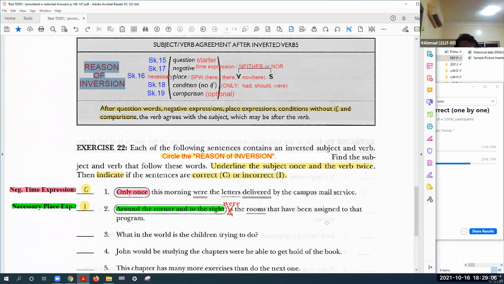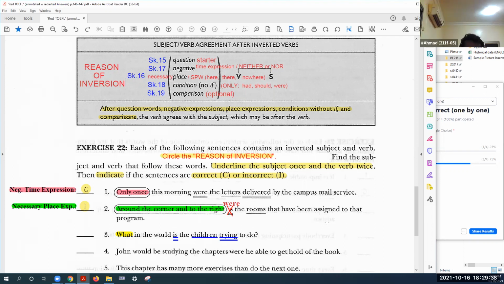First of all, it's skill 15, question starter. Then what comes next? Is is the verb. Is there, referred to children. I think it should be are. But the verb has two parts, right? Is trying, and the subject is the children.